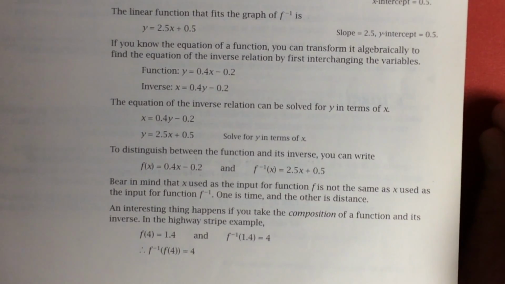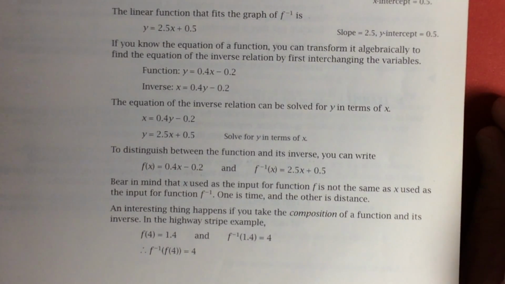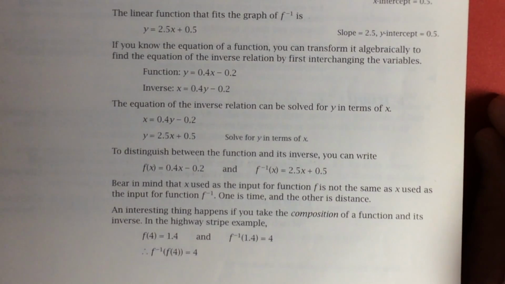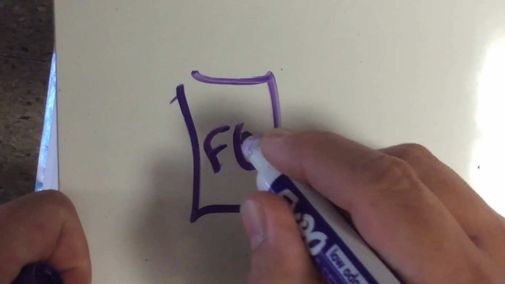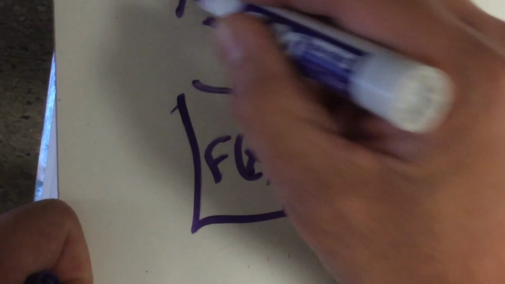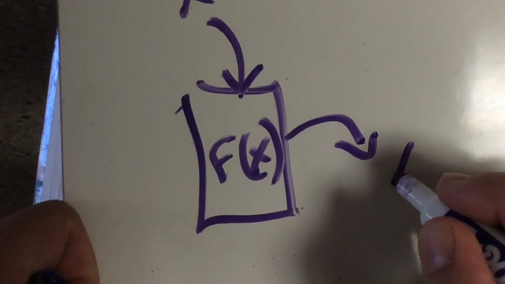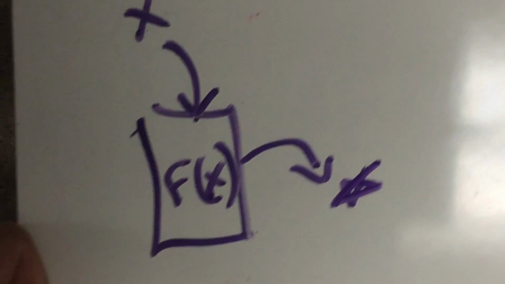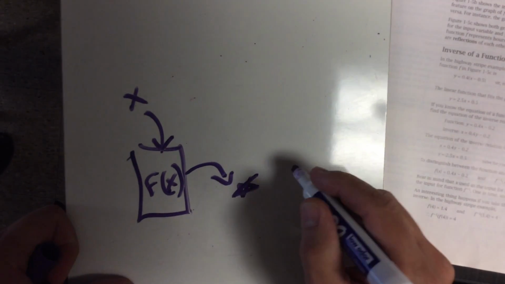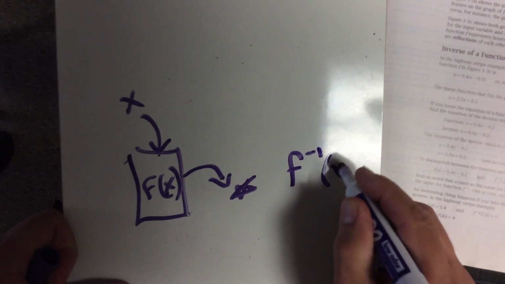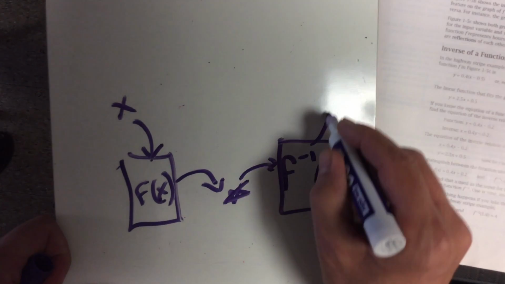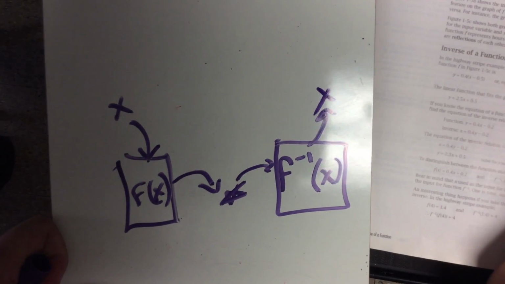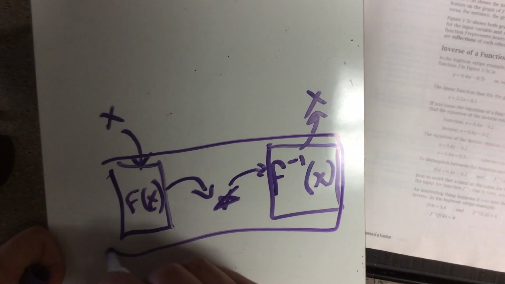Ultimately, what this really is, is an undo button. An inverse function, or an inverse relation, is an undo button. If I have a function here, and it is f of x, and when I put x in, I get a star out, the inverse function, or the inverse relation, but in this case let's call it the inverse function, would be something that when I put the star into it, an x would come out.